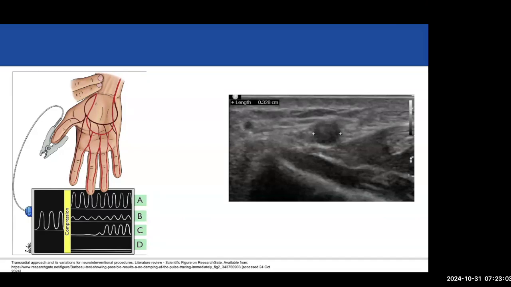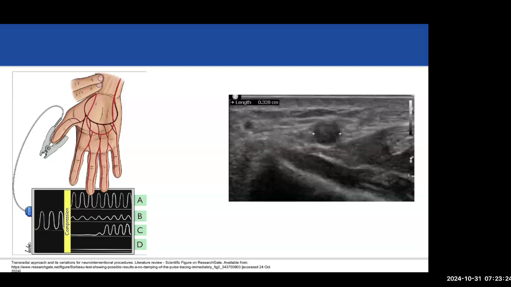We'll have a pulse oximeter, which will be showing us the waveforms. So what we usually do is compress both the radial and the ulnar artery, and then we release the ulnar artery, and we observe four kinds of waveforms.